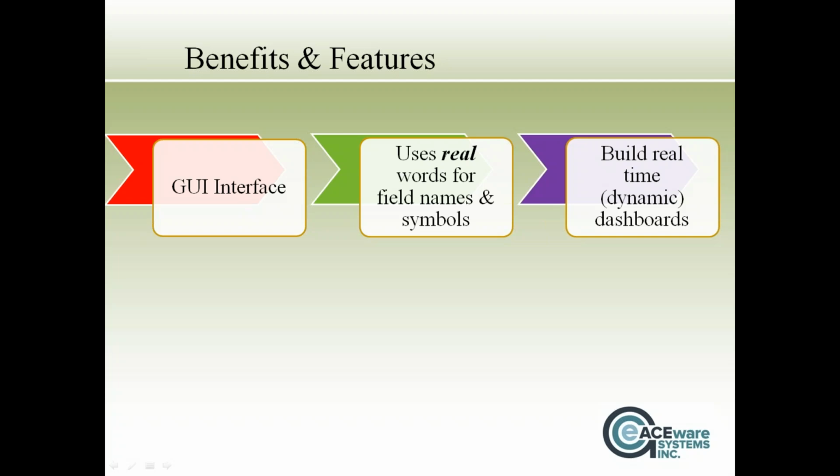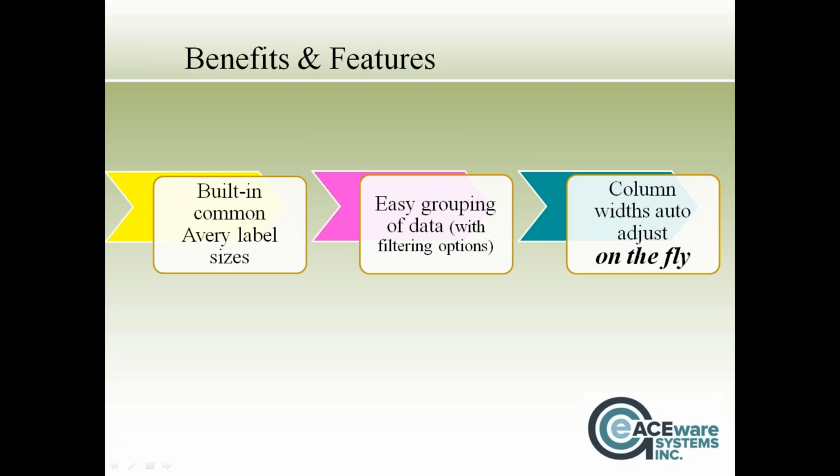If you want a speedometer type gauge showing you how close you're getting to your registration goal for the year, you can build it, and that dashboard's going to update in almost real time. Its default is to refresh every 10 minutes, but you can set that lower or higher, or hit the refresh button in your dashboard to get it to update right then and there.